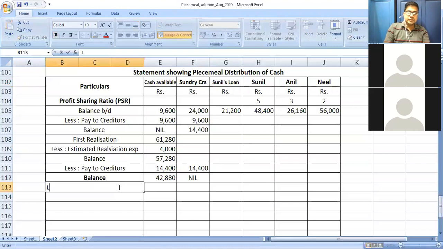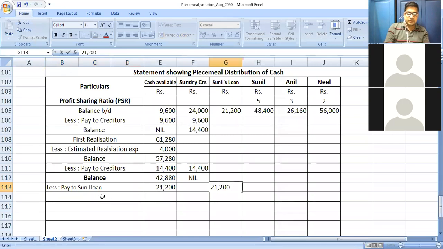So we will write: less, pay Sunil's loan value rupees 21,200.